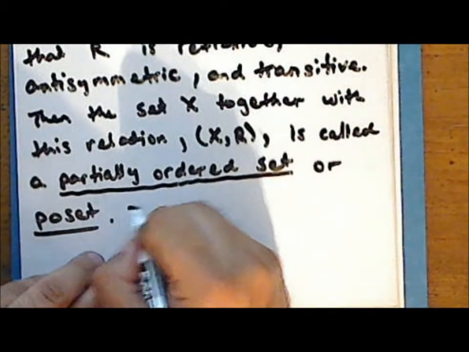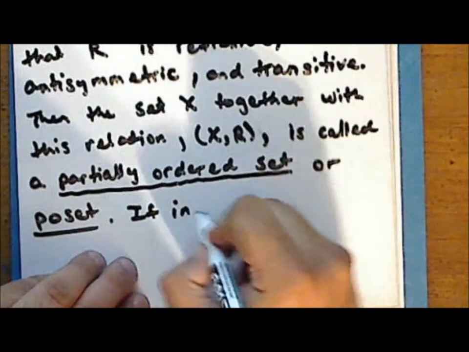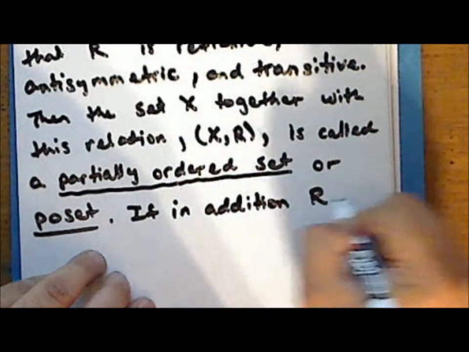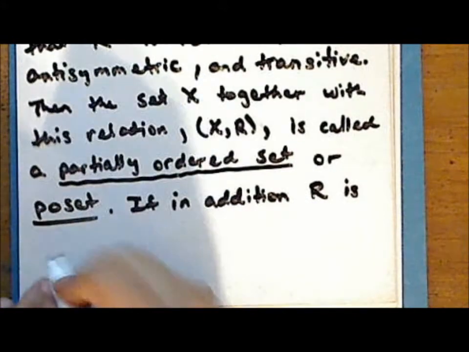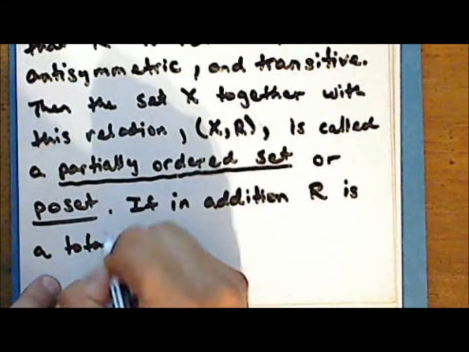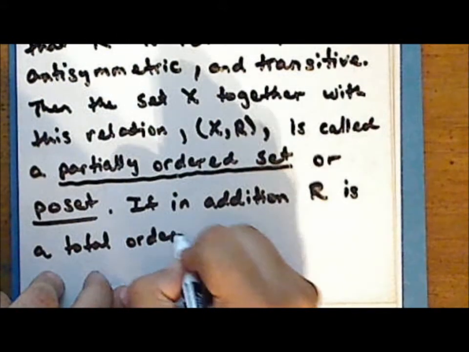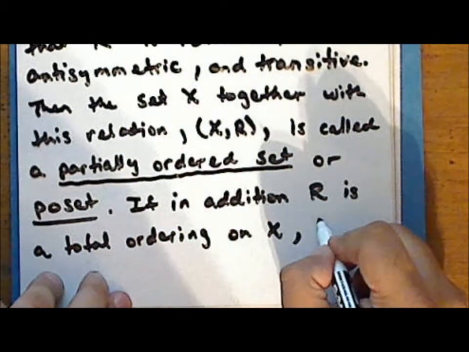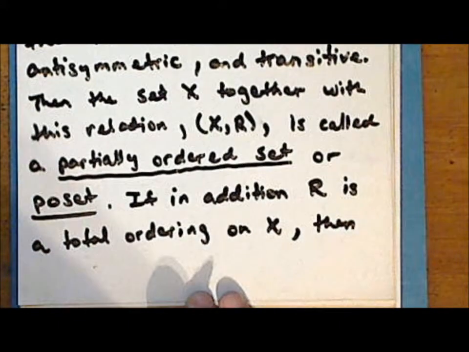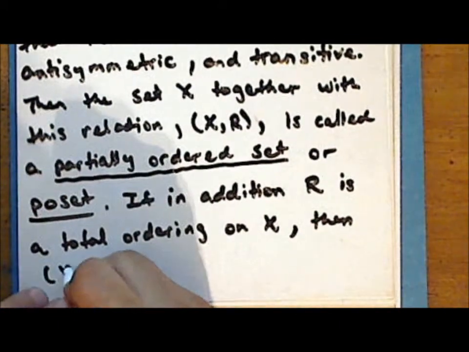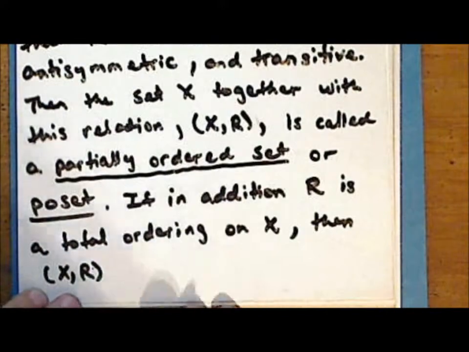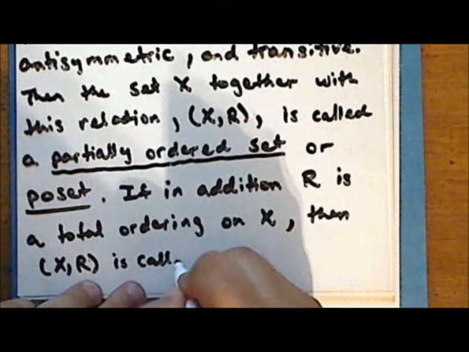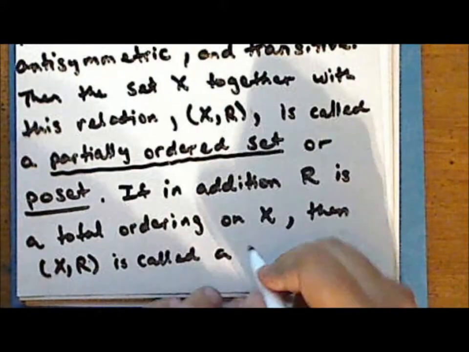Now, if in addition the relation R is a total ordering on the set X, then the poset consisting of the set X together with the relation R is called a totally ordered set.